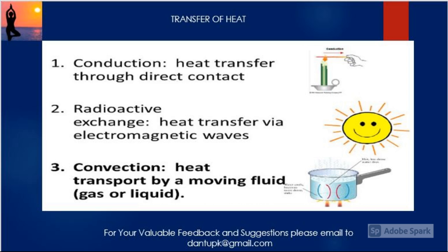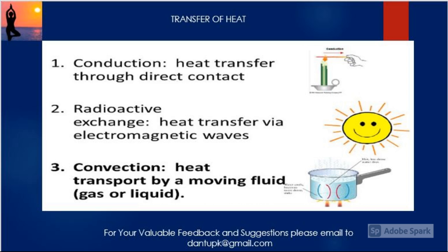The materials which allow heat to pass through them easily are conductors of heat. For example, aluminium, iron, and copper. The materials which do not allow heat to pass through them easily are poor conductors of heat, such as plastic and wood.